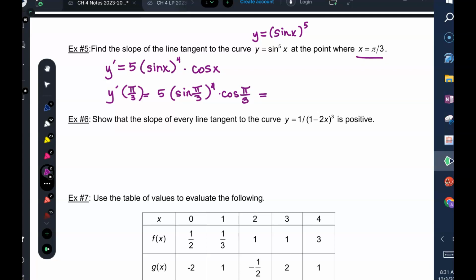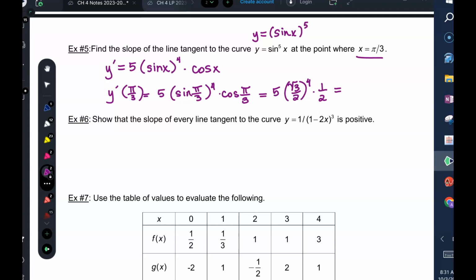All right. So pi over 3, ordered pair: root 3 over 2 for sine, 1/2 for cosine. So I have root 3 over 2 to the fourth times 1/2.